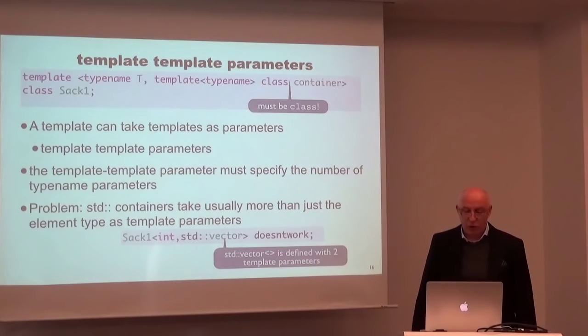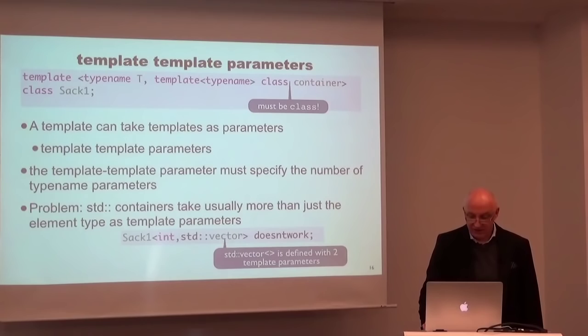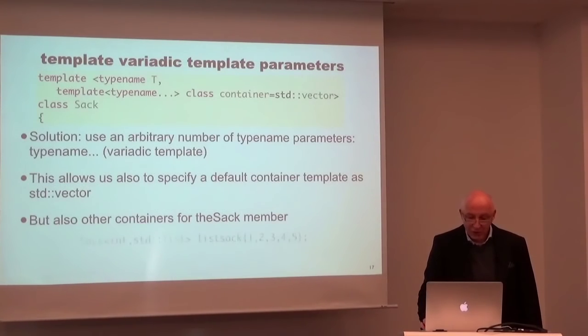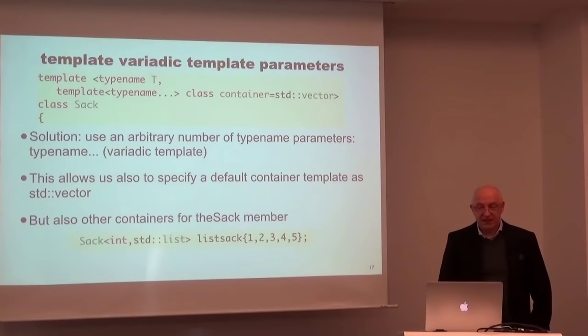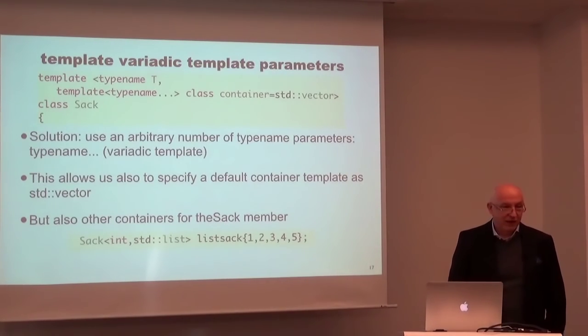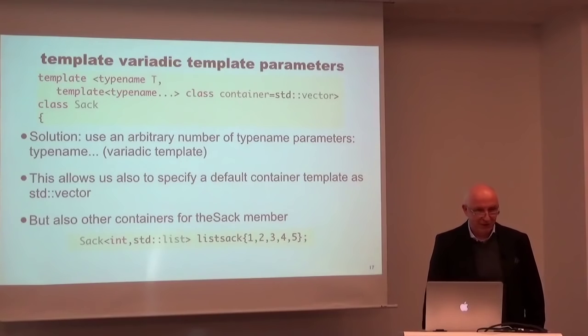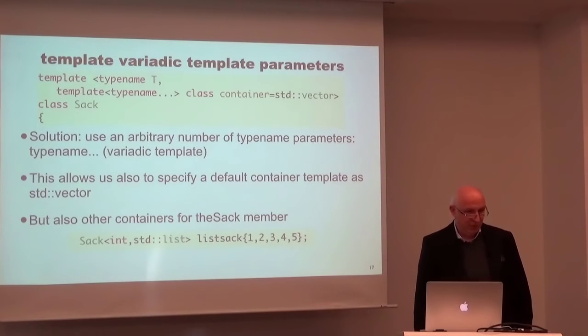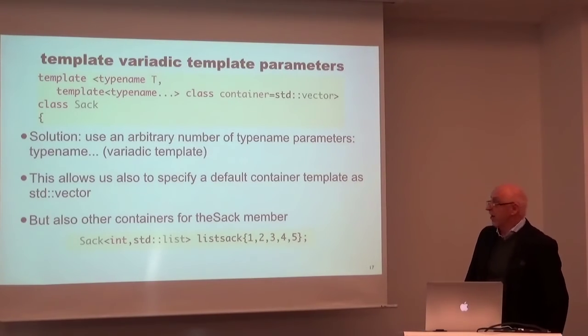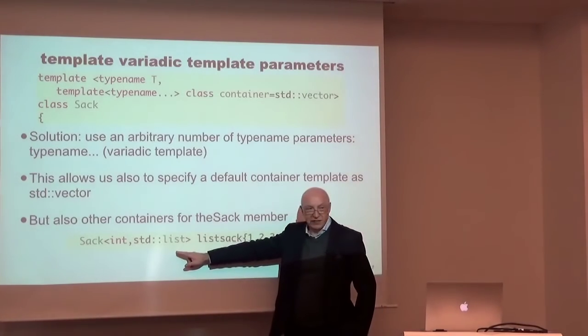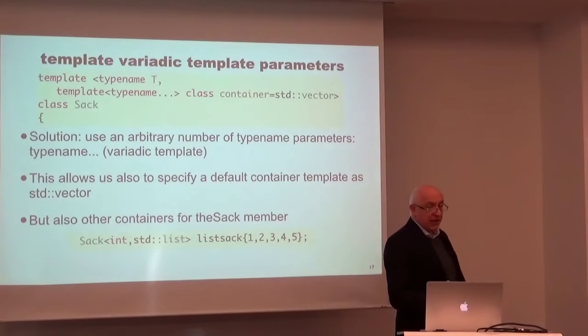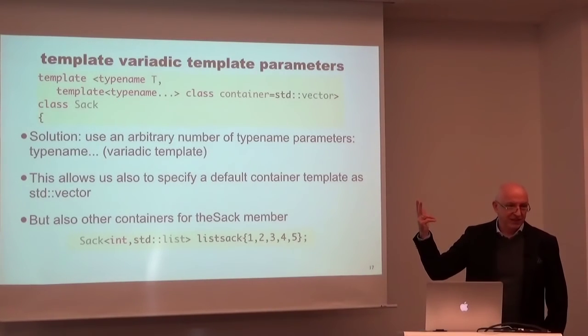Now that's where variadic templates come to the rescue. What are we doing? We use a template parameter that is a variadic template with any number of typename arguments. And now std::vector fits, but we could use std::list or even std::set, which has three template parameters.